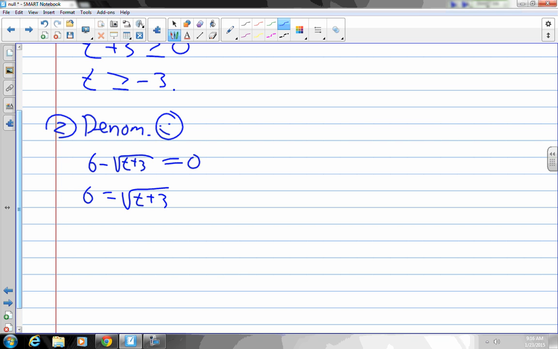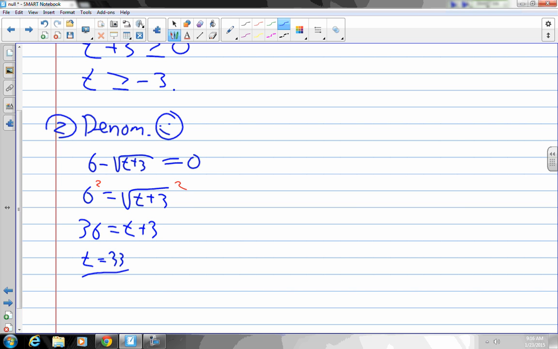Square both sides. So we get 36 equals t plus 3. So t equals 33. Remember, when you square both sides, you want to check, because sometimes you get extraneous solutions. But it works. 33 plus 3 is 36. The square root of 36 is 6.